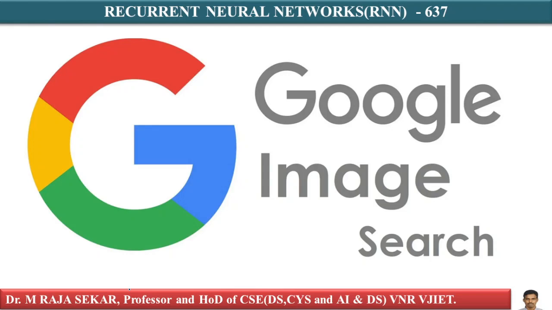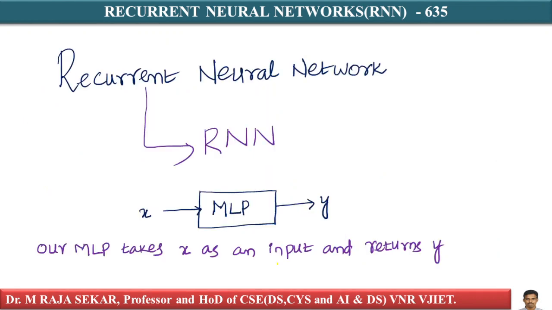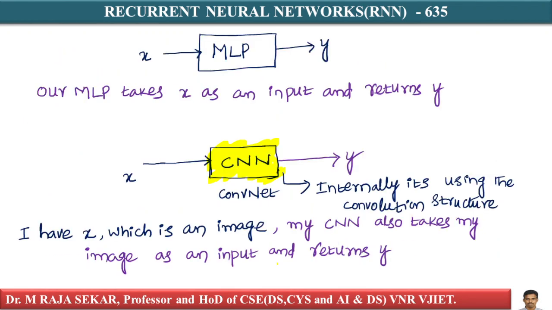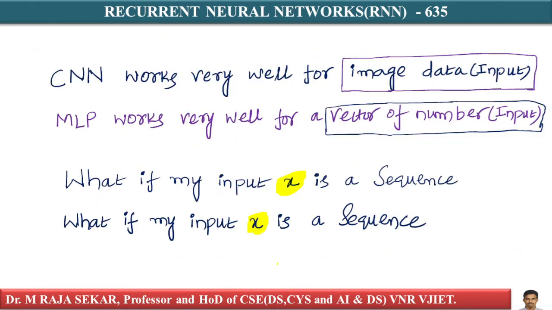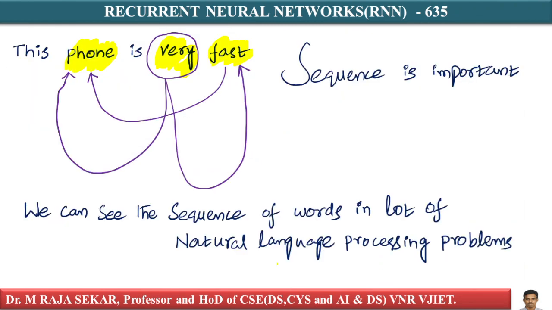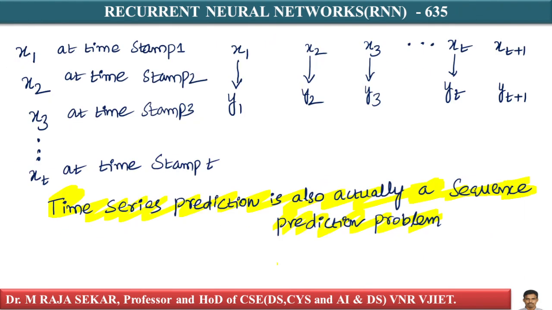This is lecture number 637. In this lecture, I will continue my discussion on recurrent neural networks. Before understanding this lecture, let me show slides from my previous lectures, that is lecture number 635 and lecture number 636.